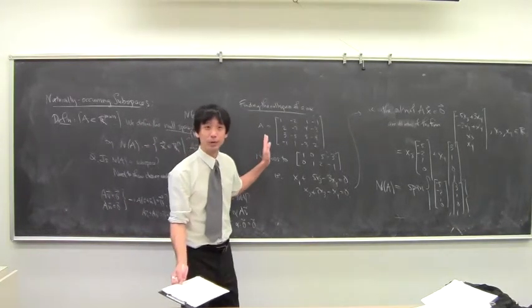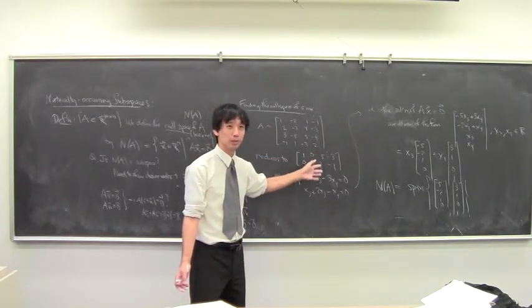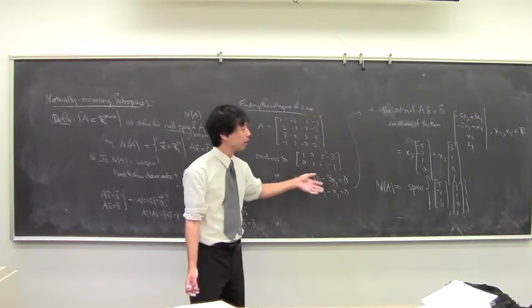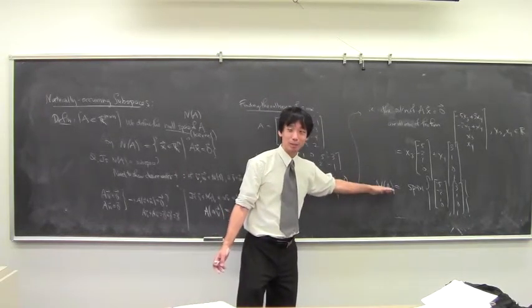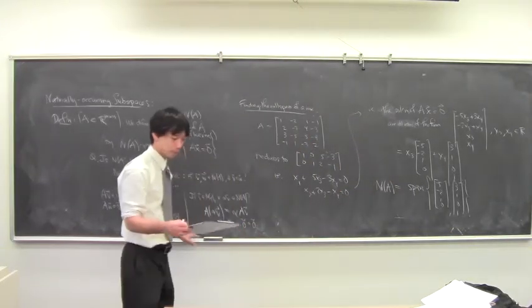You've seen this sort of thing before, finding the solution set to some homogeneous problem. All we're saying now is that what we were doing before was finding null spaces.